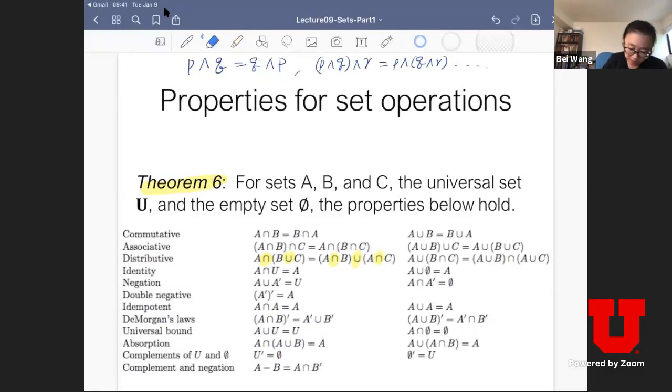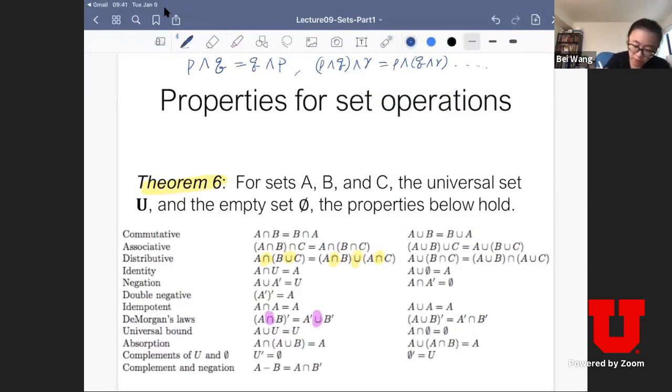And you also have something similar, which we also call De Morgan's law. If you take the complement of the set A intersect B, you get A complement union B complement. The important part is that when you take the complement, you change the direction.